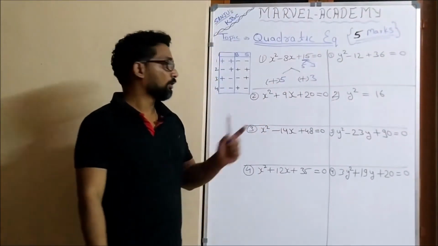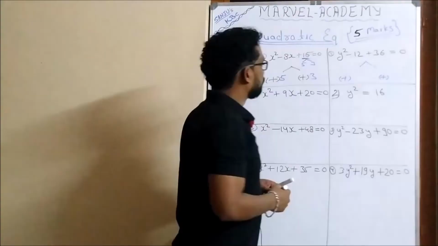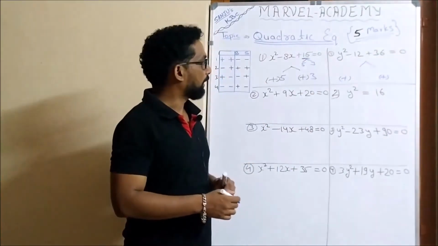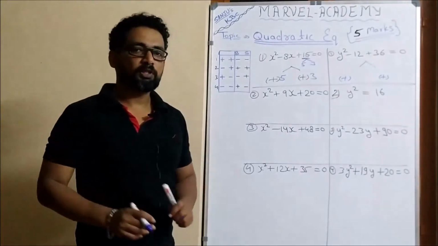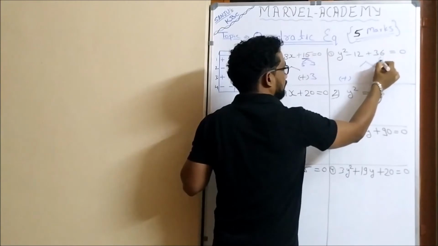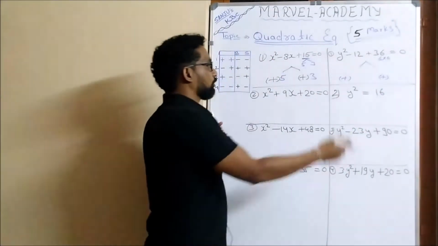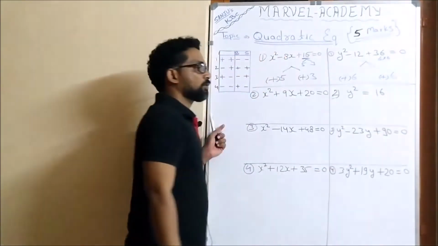And remember one thing, always put the bigger value on the left side. Here the sign is minus and plus, so definitely the resultant would be positive only. If I factorize 36, I get 6 into 6 as 36. So my result would be positive 6 and positive 6.